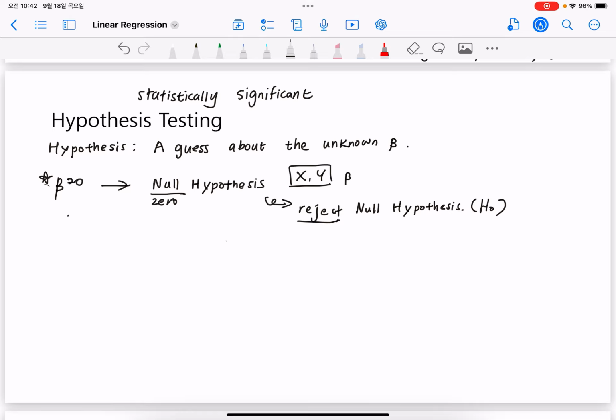Then how to reject the null? In order to do that, we need what's called a test statistic. And in our sense, this is the p-value. There are many test statistics, but p-value is used. The test statistic is the statistic that can help decide whether to reject or not reject the null.